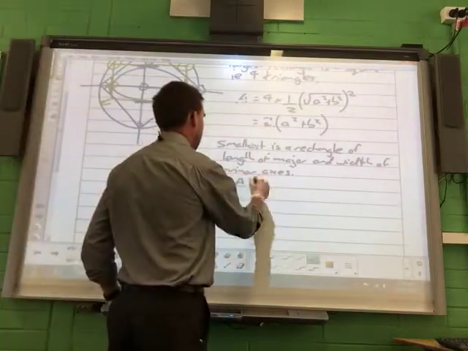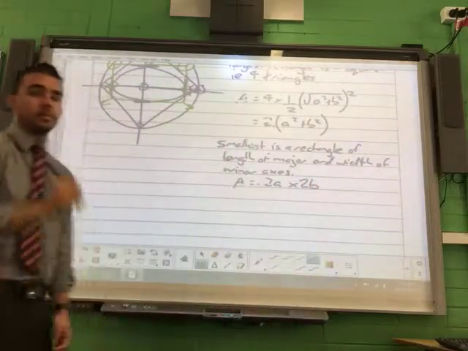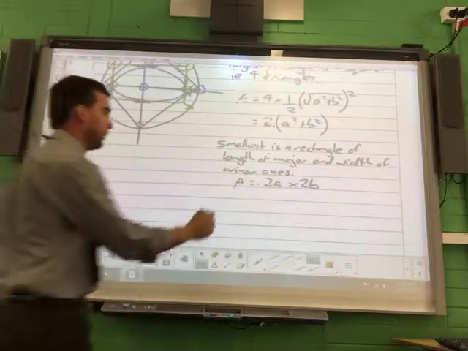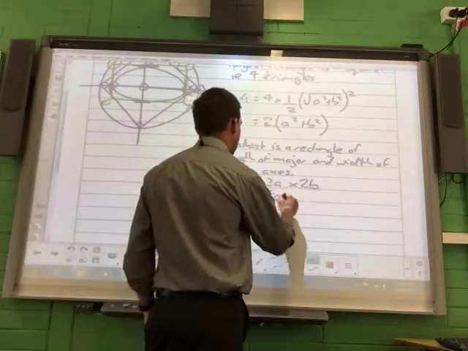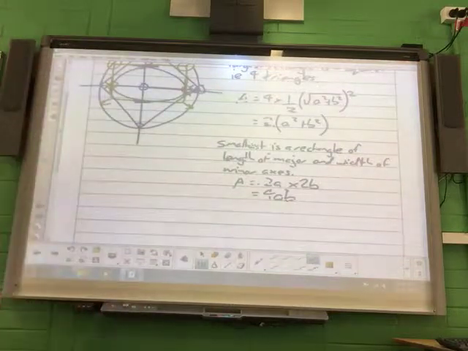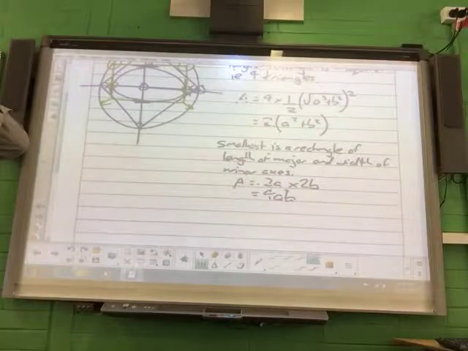The area is 2a times 2b. The major axis has length 2a and the minor axis has length 2b. So 4ab will give you the area of the smallest rectangle to fit in that condition set.